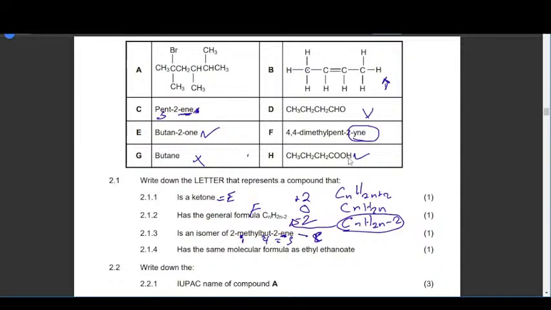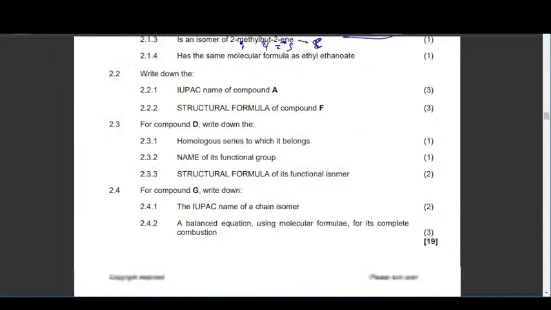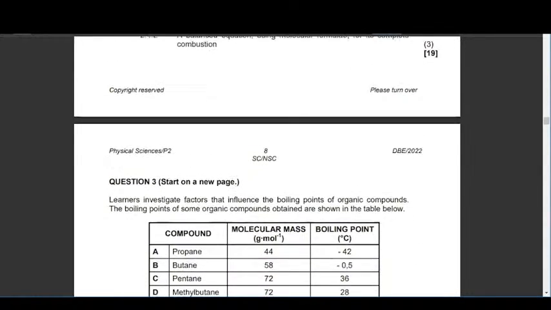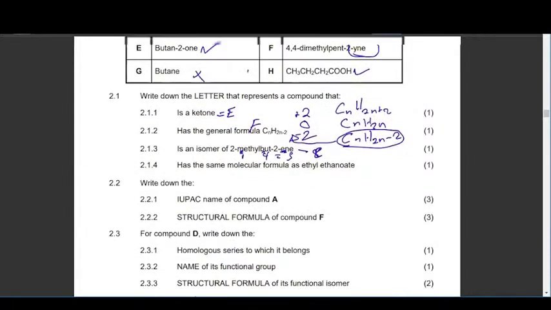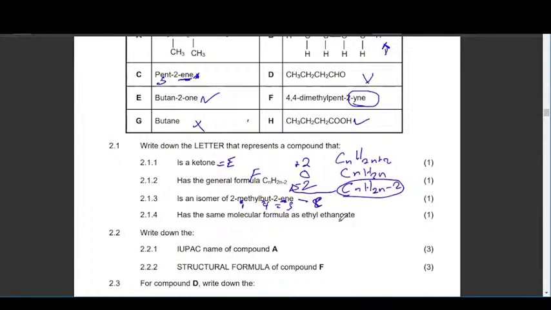Why? Because ethyl ethanoate is an ester, and this is a carboxylic acid.